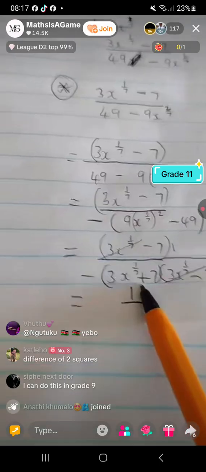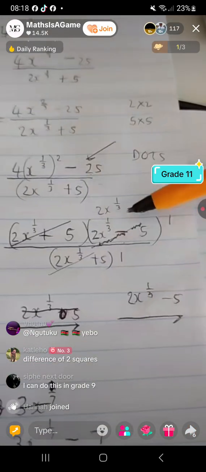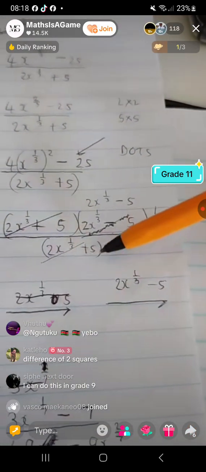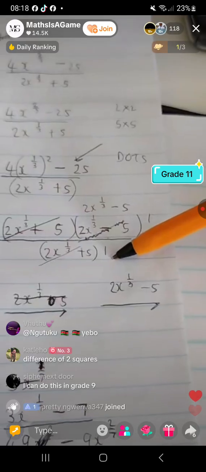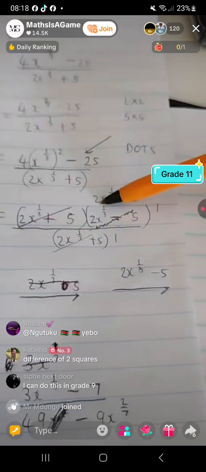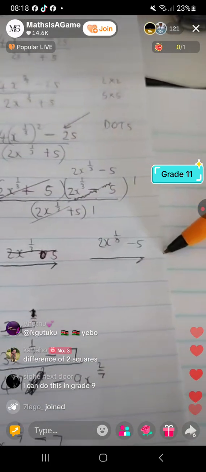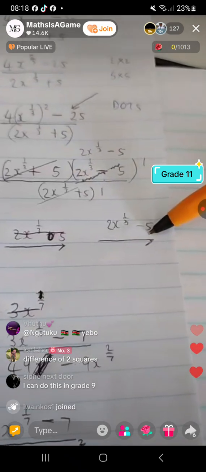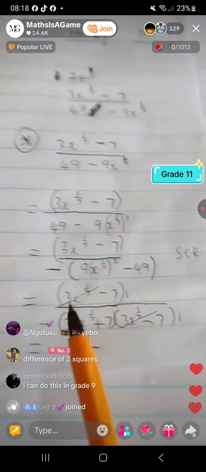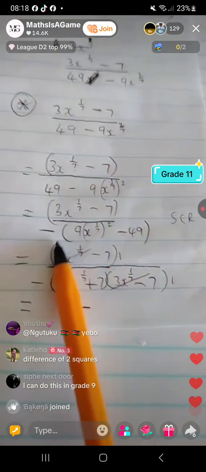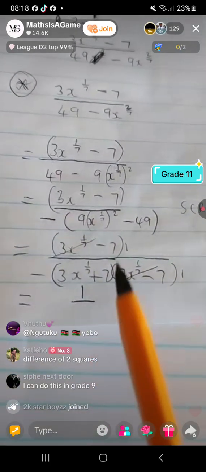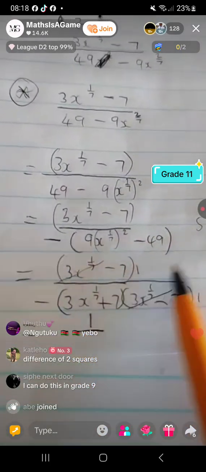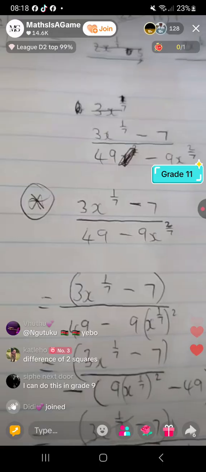So the 1 remains. Unlike in this situation where we had cancellation, 1 was left in the denominator. And obviously, anything divided by 1 is that thing. So hence the final answer is 2 to the power x 1 over 3 minus 5. But here, the 1 is left over in the numerator. It is significant. So we need to leave that 1 in the numerator.